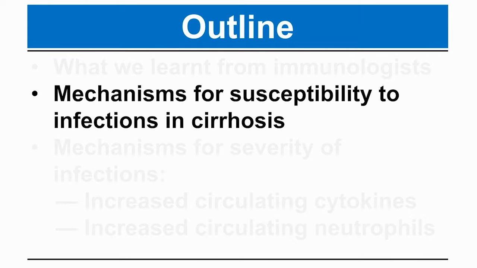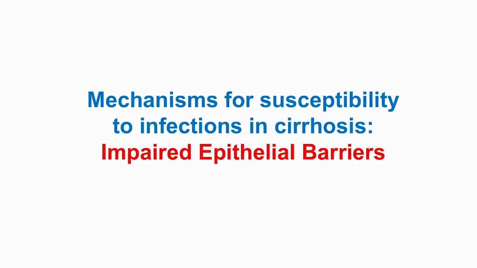Okay, so we all know, and the previous speaker explained this very well, that patients with cirrhosis are susceptible to develop bacterial infection. The question is why? The first reason is the existence of an impairment of epithelial barriers.